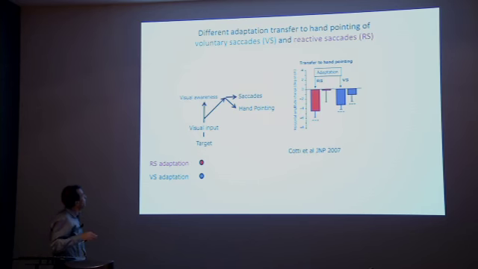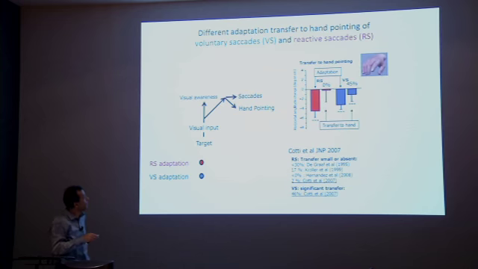The second experiment in which we tested transfer was an experiment we did in collaboration with people from Marseille, Alain Guillaume and Julien Coty. In this case, what we did was to test pointing movement, hand pointing movement, before and after saccadic adaptation. And when we measure the change of size of hand pointing after reactive saccade adaptation, there is really no effect.